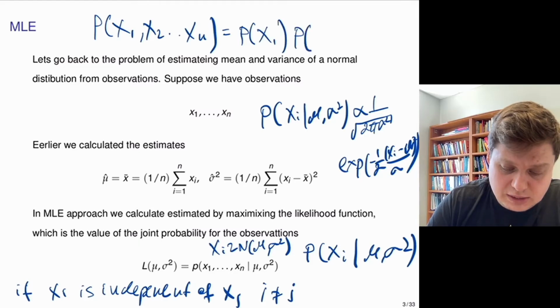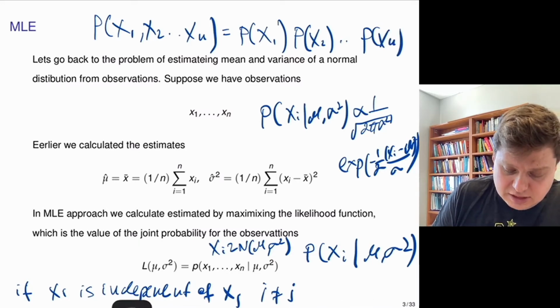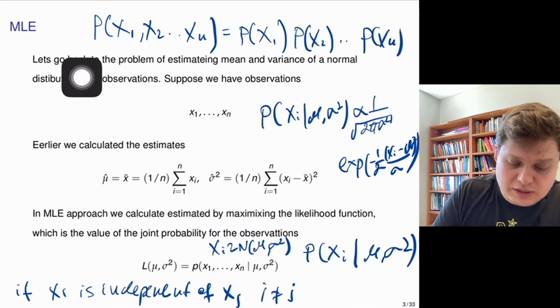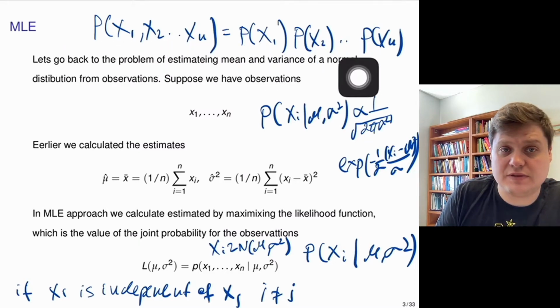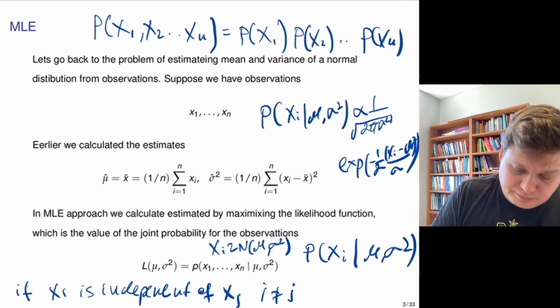Probability of x1, likelihood of x2, all the way to xn. So this independence gives us a convenient way to calculate the likelihood. Likelihood just becomes the product of individual likelihoods associated with each of those samples.